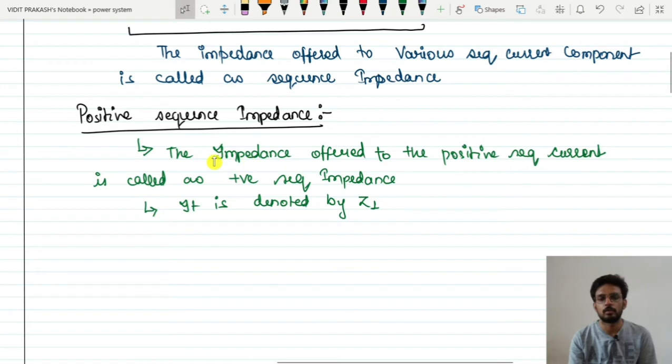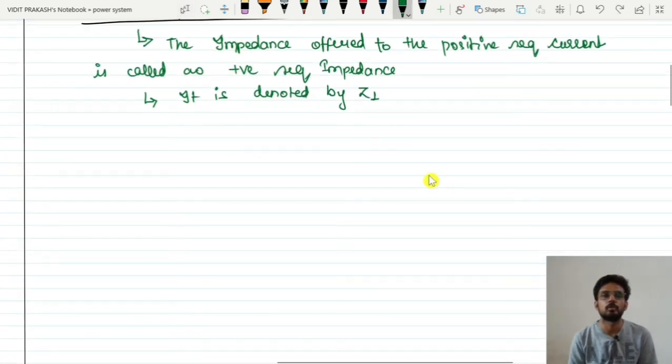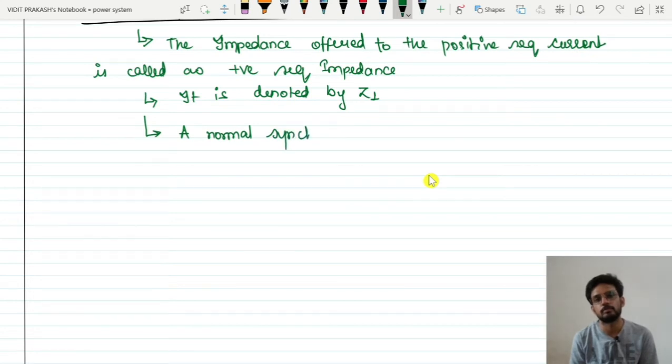Now, the normal synchronous impedance is considered as the positive sequence impedance.